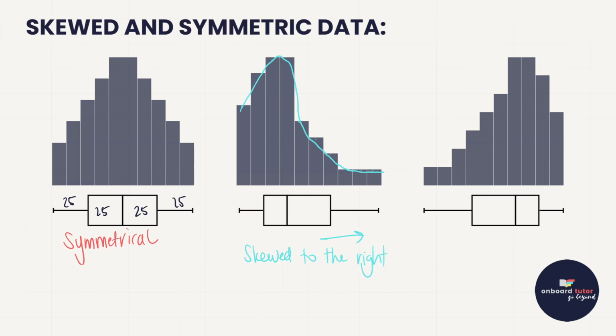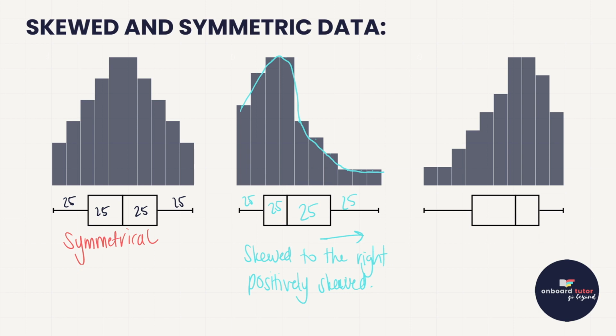Okay, and in the same way, I've got 25% of my data clustered together there, 25% of my data squashed together here, and then this 25% is living nice and spread out, as is this. Okay, so skewed data still contains a quarter, because it's between two quartiles. It still contains a quarter of the data per section, but in this instance, as you see it more spread out, that's where the skewness is. Okay, and this is also known as positively skewed.